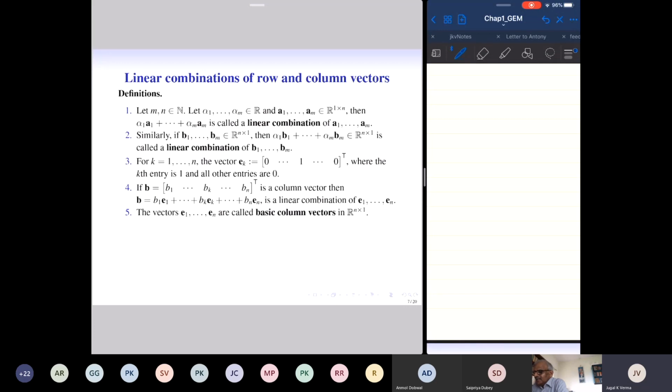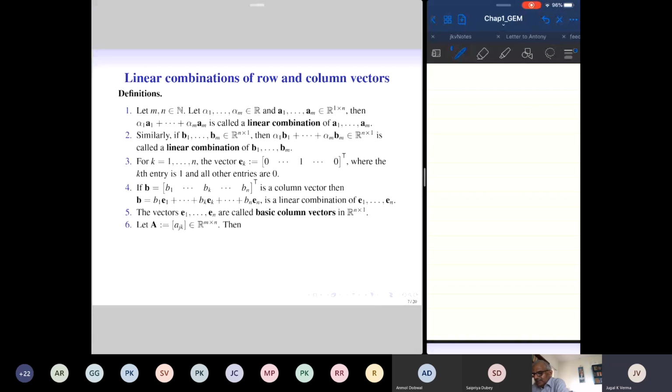So n-dimensional space R^n is identical with the space of n by 1 matrices, right? So R^(n cross 1) is the same as R^n, but we will think of elements of R^n as column vectors, and so it says that all vectors in R^n are linear combinations of these basic column vectors E1, E2, up to En.